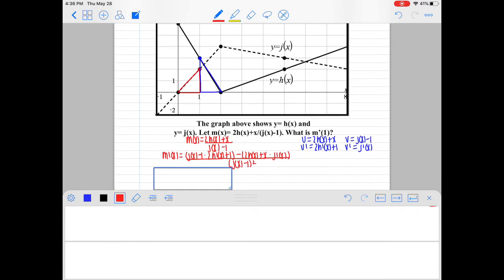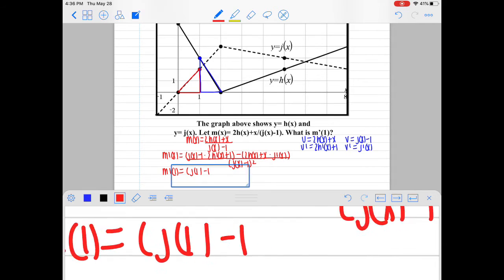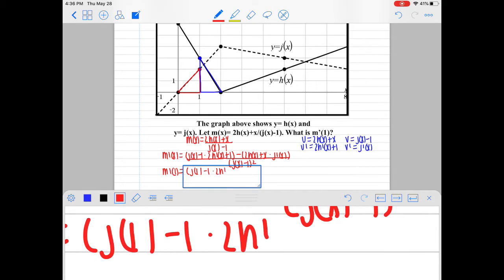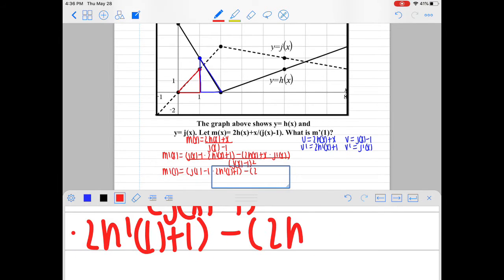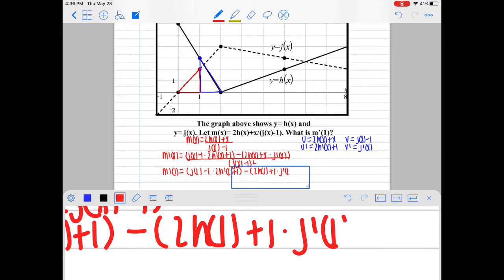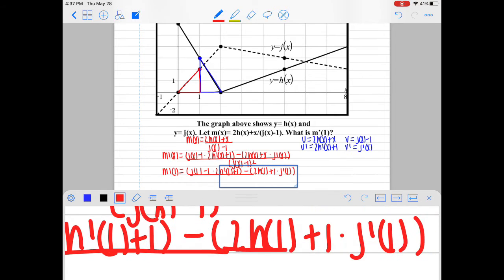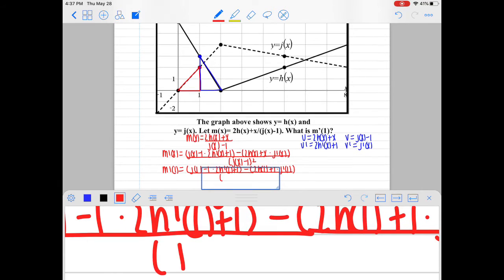And the function asks for m prime of 1, so we are just going to be plugging in 1 for each of the x values, so j of 1 minus 1 times 2h prime of 1 plus 1 minus 2h of 1 plus 1 times j prime of 1, and that divided by j of 1 minus 1 squared.